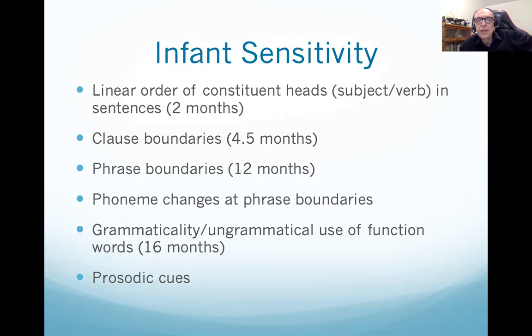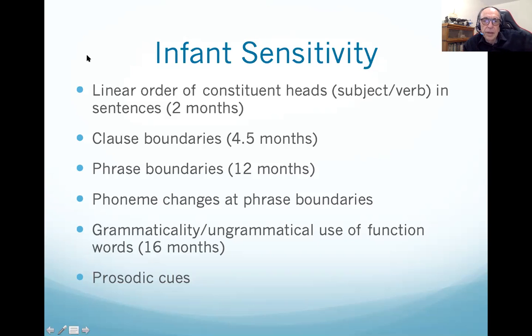They use phrase boundaries to help them become sensitive to phoneme changes at the phrase boundaries. They're sensitive to the grammatical or ungrammatical use of function words, such as prepositions, conjunctions, determiners, and auxiliaries, at 16 months.